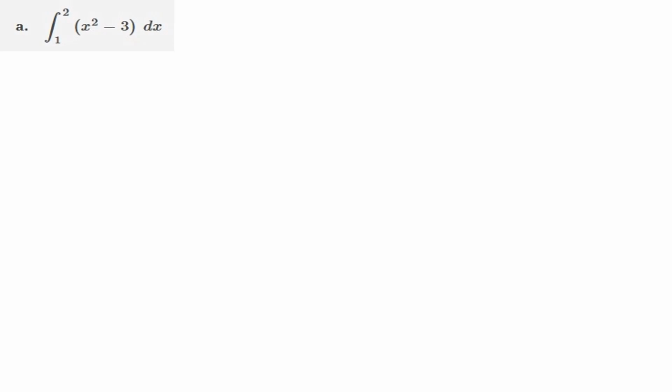So let's try to solve this definite integral here. We have the integral from 1 to 2 of x squared minus 3 dx. First, we need to rewrite this as the integral of x squared dx minus the integral from 1 to 2 of 3 dx. Then the antiderivative of x squared is just x cubed over 3.